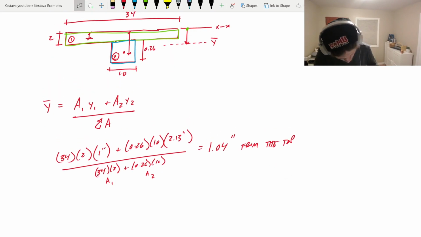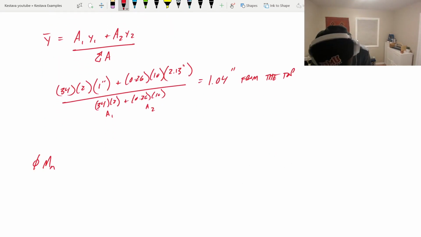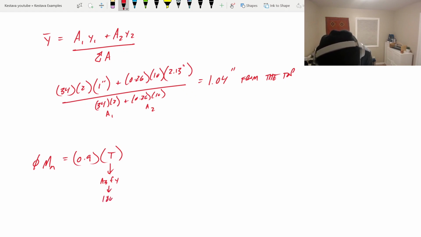Now we can find phi Mn. Phi being 0.9, T we know is As Fy, which equals 180 kips, times d, which is just 12 inches, minus y bar, y bar being 1.04 inches.